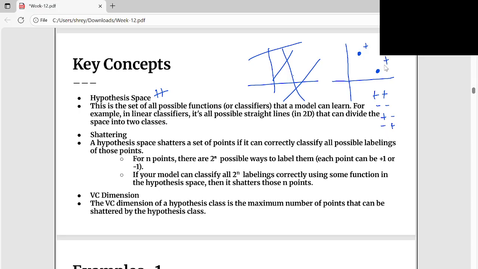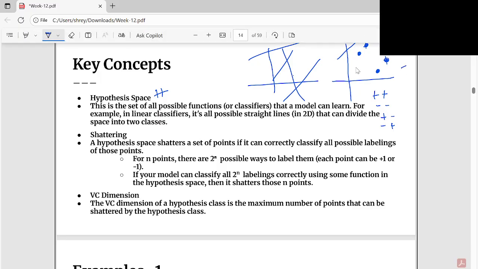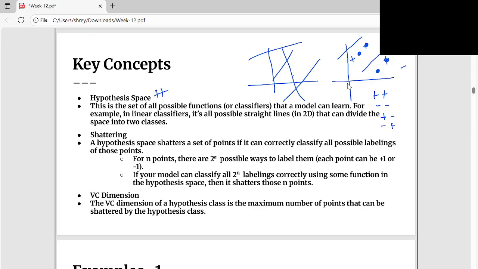If all the points are plus, the line can be drawn like this, right? If both are minus, then again the line can be drawn like this. If it is plus and minus, the line can be drawn in between. So any 2D line will separate these 2 points easily. There will be no issue, right? That's why it is written that a hypothesis space shatters a set of points.